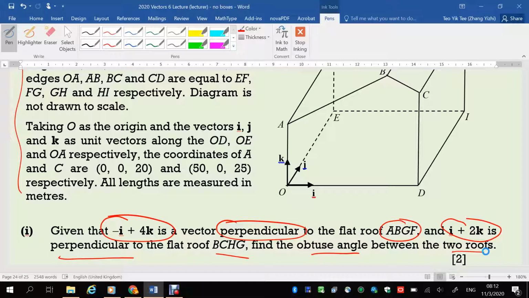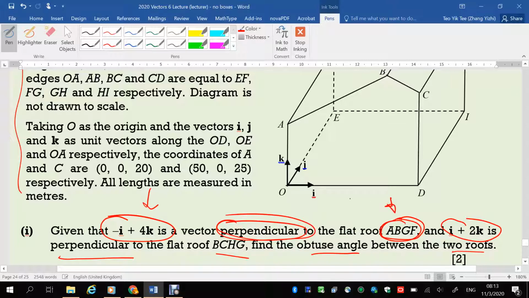The first plane is ABGF, and the given vector is perpendicular to this plane, so it is the normal vector of the first plane. Similarly, the other is the normal vector of the second plane, BCHG. Are you able to write down the equation of the plane ABGF?